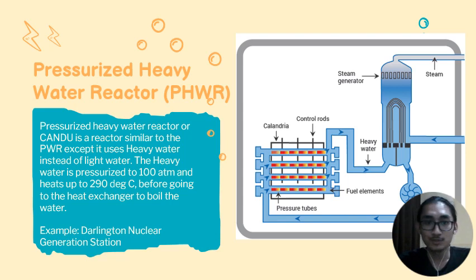The heavy water is pressurized to 100 atmospheres and is heated up to 290 degrees Celsius before going to the heat exchanger to boil the water there. An example of this is the Darlington Nuclear Generating Station in Canada.